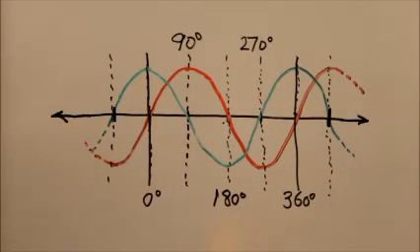You'll notice that they are 90 degrees or 1/4 of a cycle apart. That is what is meant by phase quadrature.